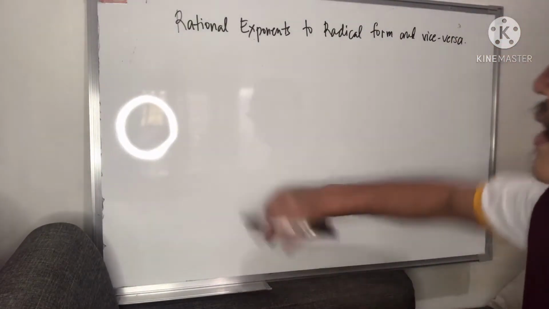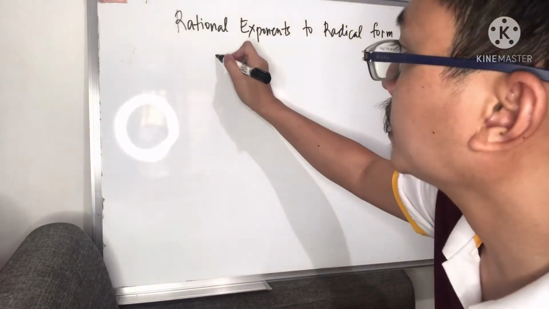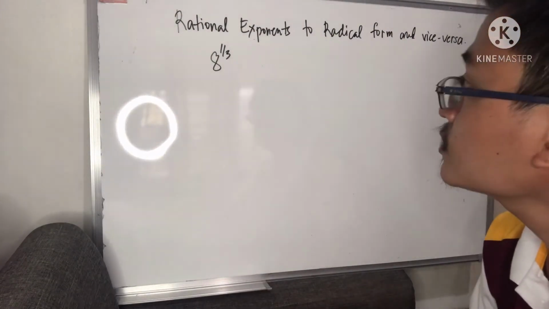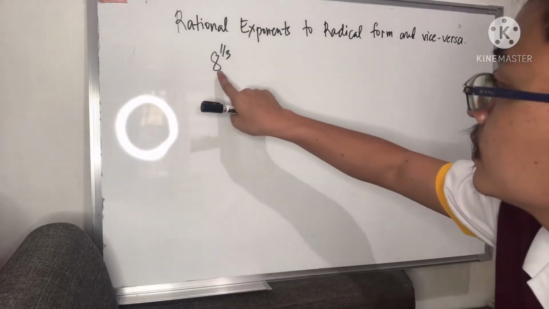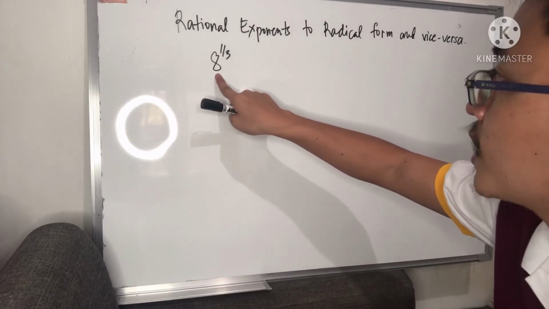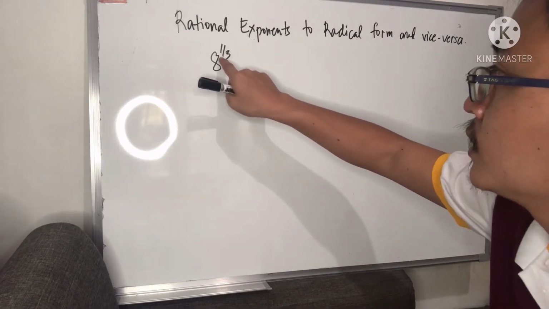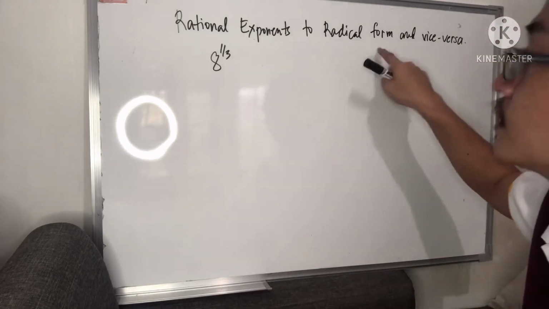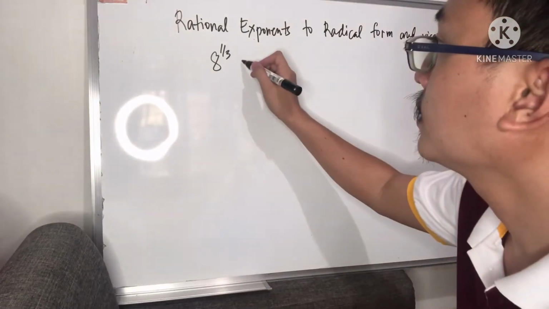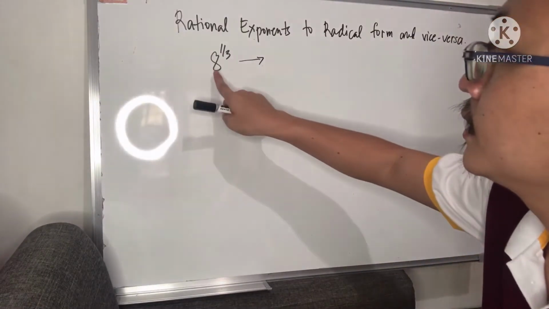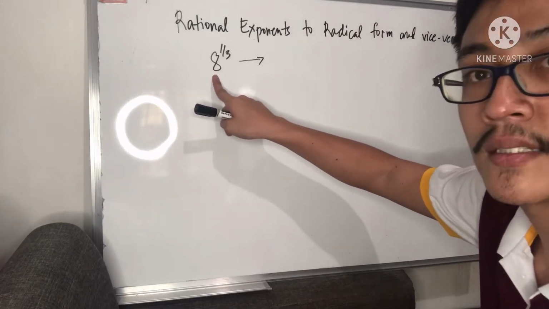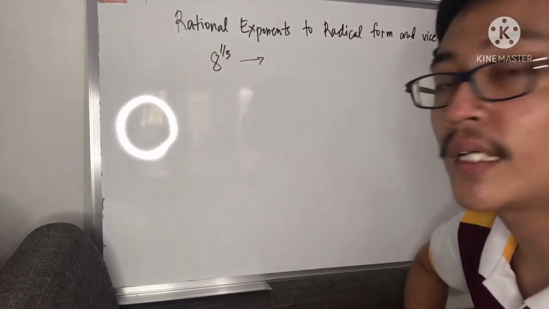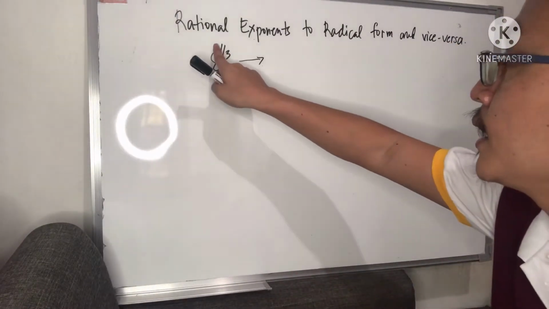Okay? So, let's say meron akong first example natin is 8 raised to 1/3. So, this is an example of rational exponent kasi merong naka-rational dito na 1/3. Ang gagawin natin is to make it radical form. So, from 8 raised to 1/3, alam natin na ito yung base or yung magiging radicand sa loob ng radical form, and then this is in the form of m and n.